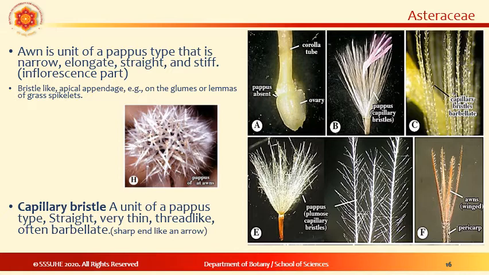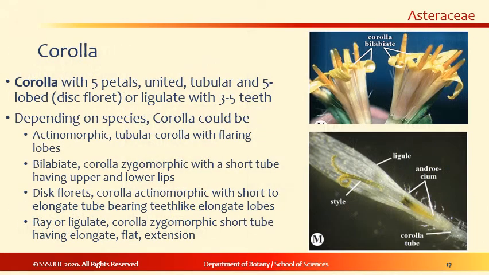And in the picture you can see the other, capillary type bristles, which are straight, very thin and thread-like. The corolla is sympetalous with 5 lobes, or 4 or 3 lobes. They are bilabiate. The corolla is zygomorphic with a short tube having upper and lower lips.